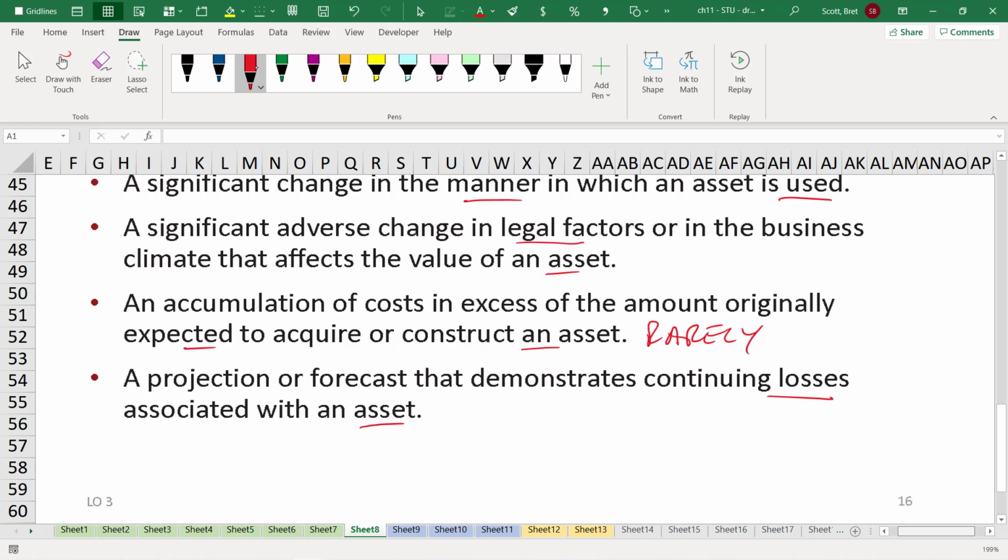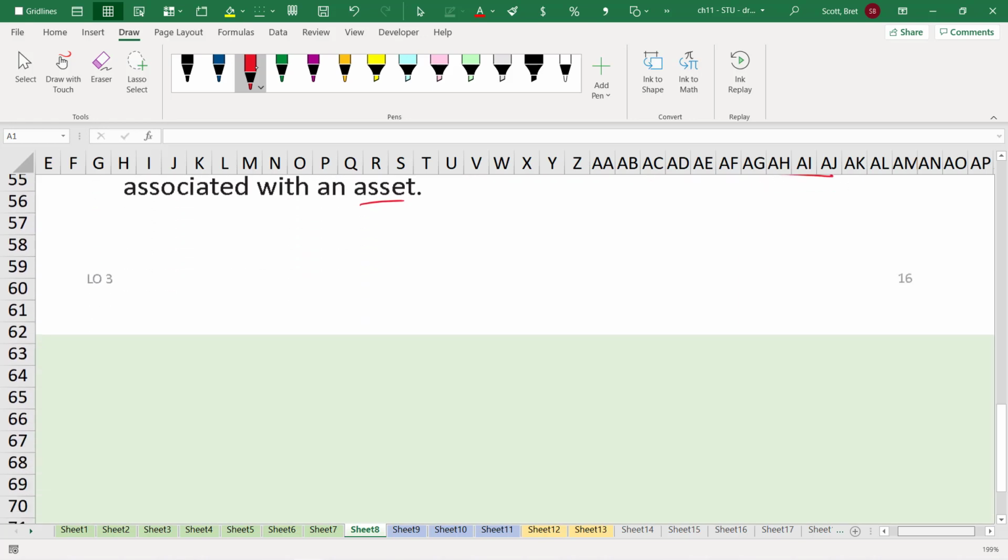So maybe we need to either scrap the delivery route or maybe we need to buy a new piece of equipment. Either way, the current van that we use needs to be written down. It's not working for us anymore.